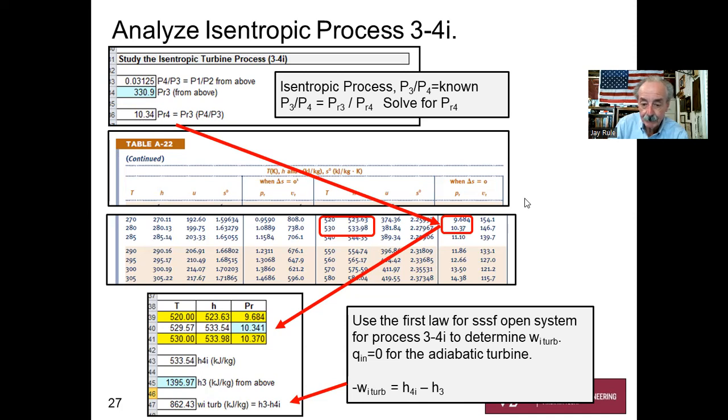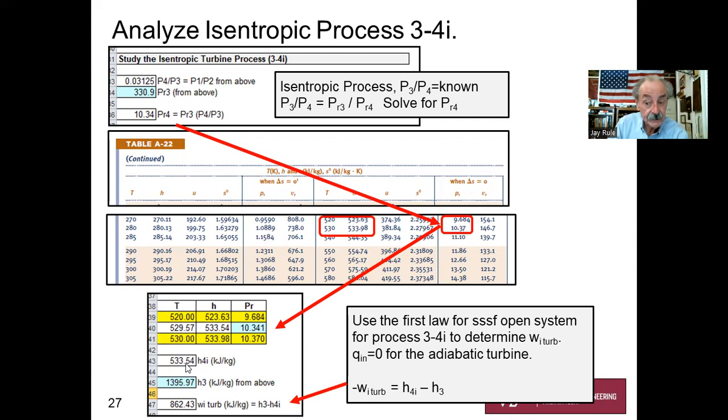We're going to have to find H4 isentropic. So let's see, I'm going to go to table A22 and I'm looking for 10.34. It's almost tabulated, almost, but I'll do the linear interpolation to solve for H4 isentropic and T4 isentropic. We don't really need T4 isentropic for our work.